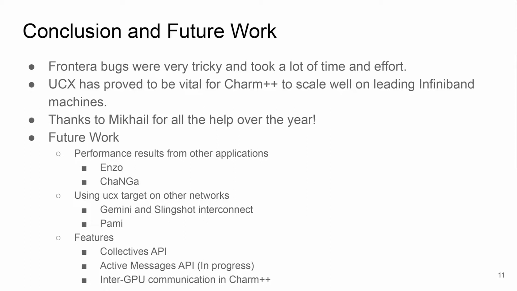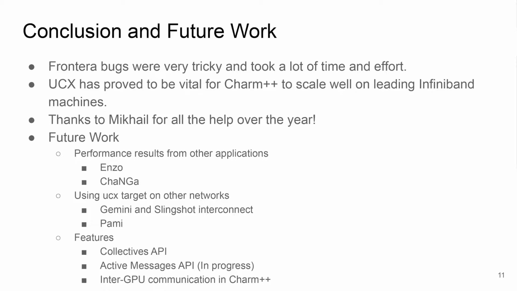And in terms of features, I think I already spoke about Active Messages API, which is a patch in progress, so we would like to review that. And I think the active messages API fits more of the Charm model, because Charm at the higher level is essentially active messages where handlers are invoked as soon as a message is received.